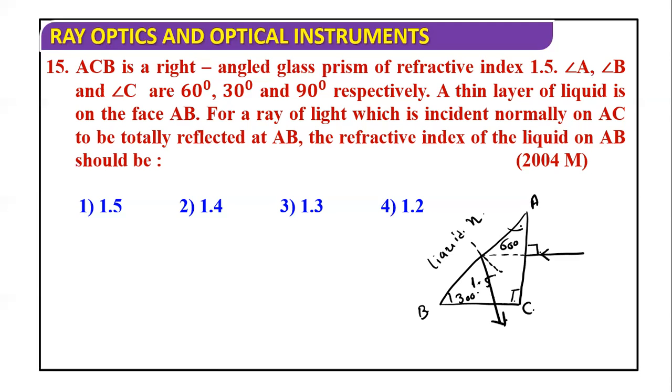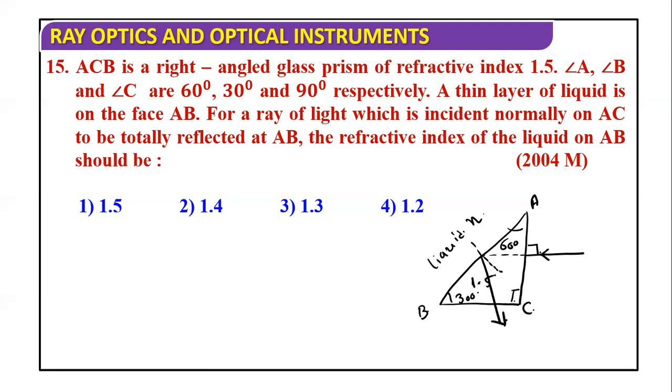From surface AB, light is totally reflected. That means light should be traveling from denser to rarer medium. So the refractive index of liquid must be less than 1.5. We have three options having refractive index lesser than 1.5.